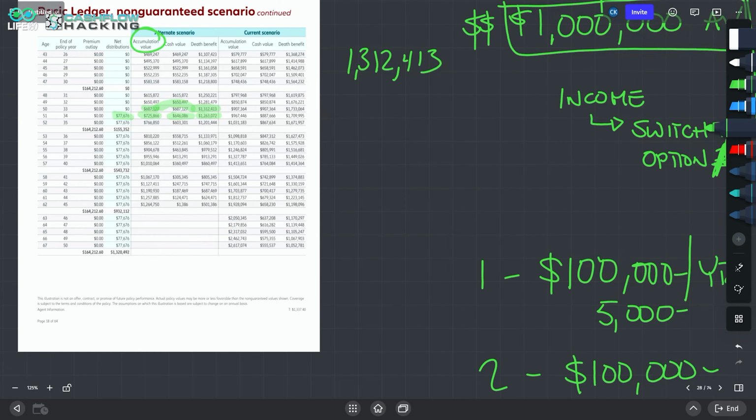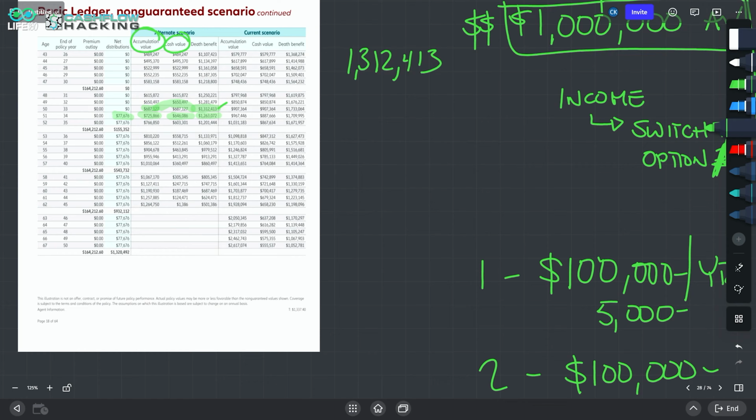Remember, it's the death benefit minus the cash value, which is this column, not the accumulated value, but the cash value. That is the net amount at risk. And I think that is really, really important to understand, because when you have that risk, that net amount at risk is absolutely real based on where the exposure is to the life insurance company.